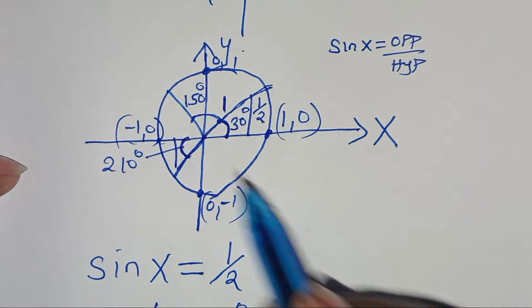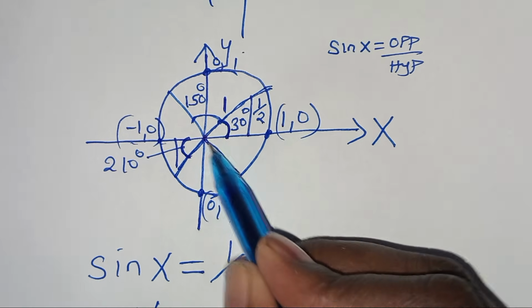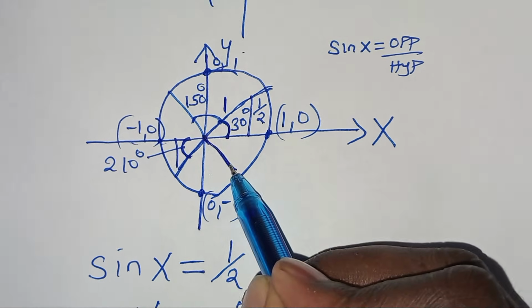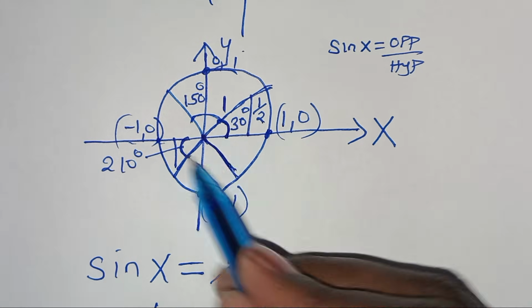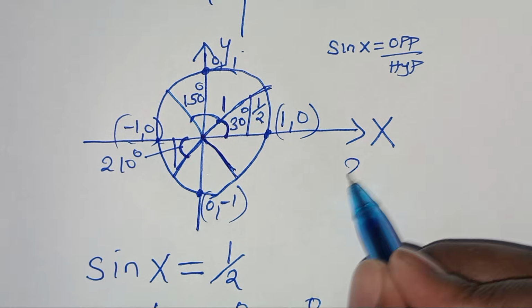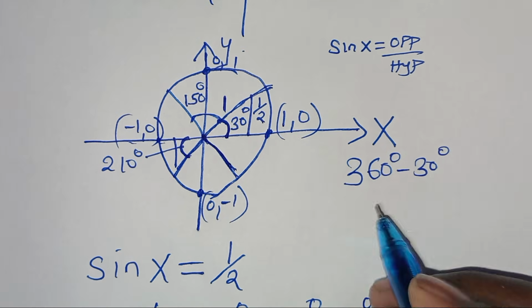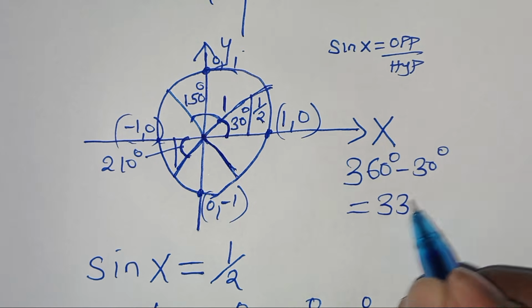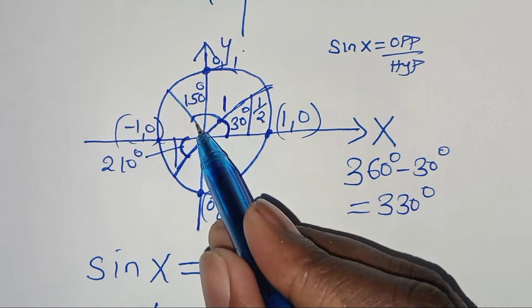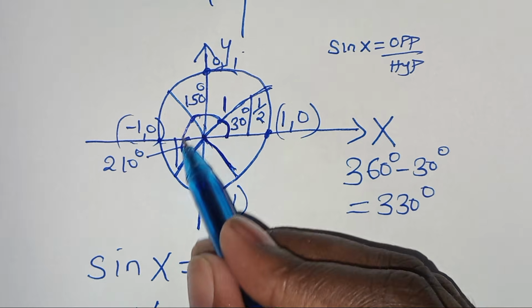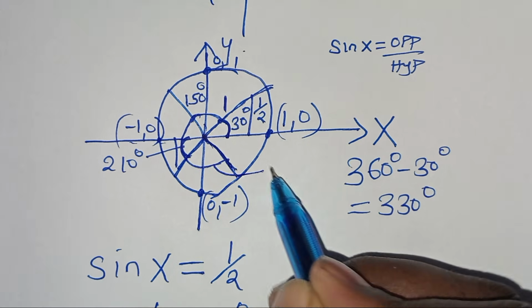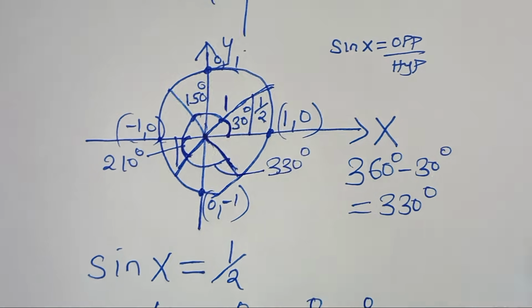And lastly, from the fourth quadrant here, we have 360 degrees minus 30 degrees, and this is equal to 330 degrees.